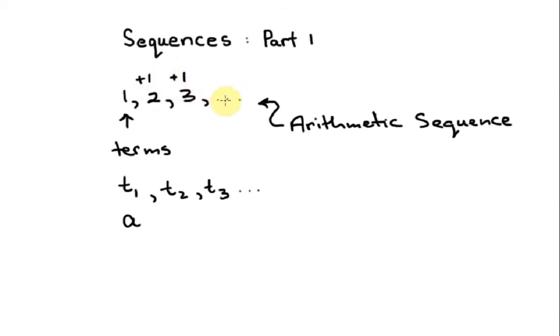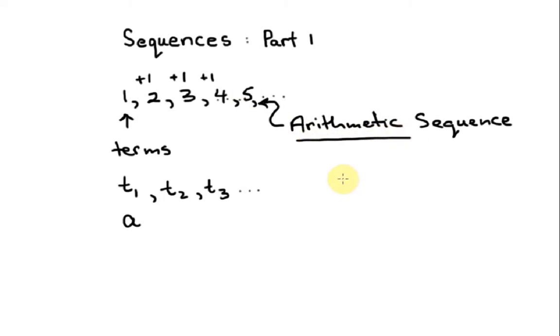We would predict the next term would be a 4, and then we would add 1 and it would be a 5, and we just keep building our sequence. Anytime you have a number that you're adding or subtracting and that number never changes, then you have an arithmetic sequence.